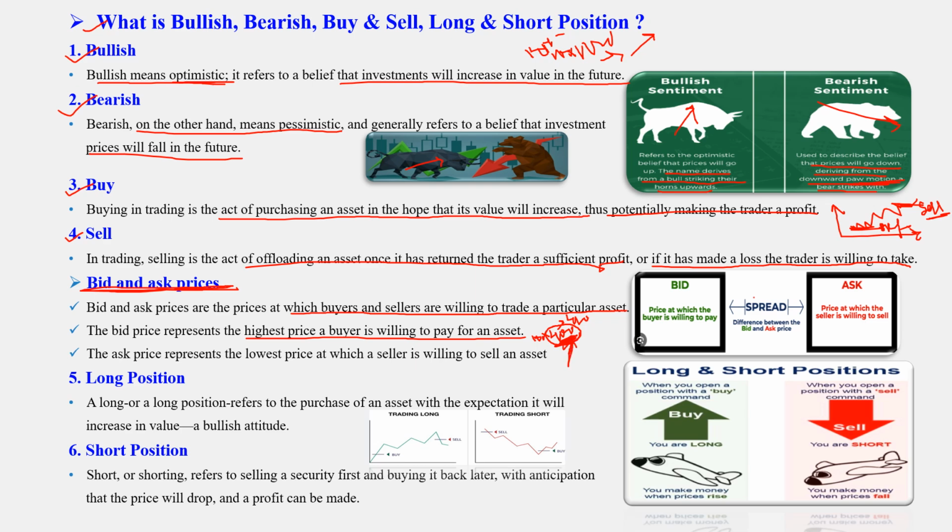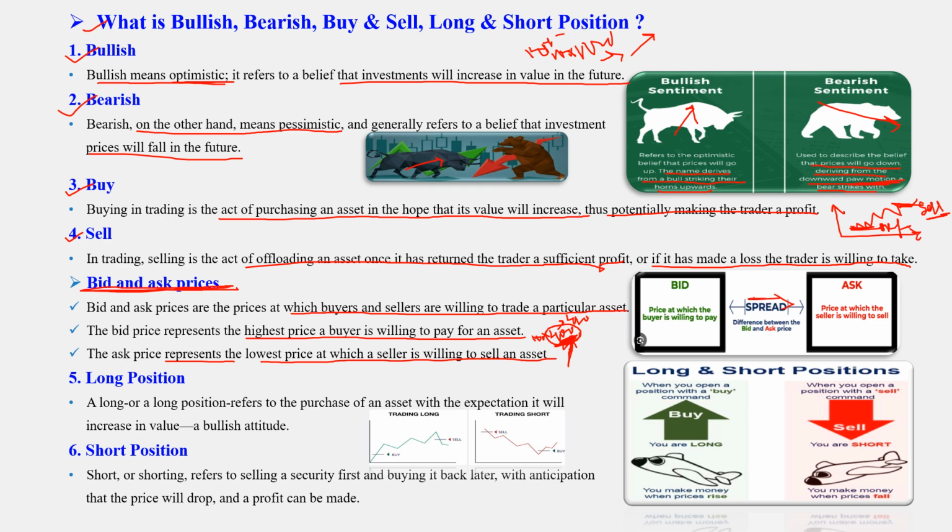And the ask price represents the lowest price at which a seller is willing to sell an asset, right? As a buyer there is this stock, and on the opposite side there is also a seller available to sell this stock, right? The buyer and seller are willing to trade this particular asset. This is called the spread, right?